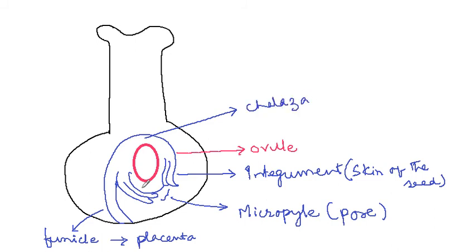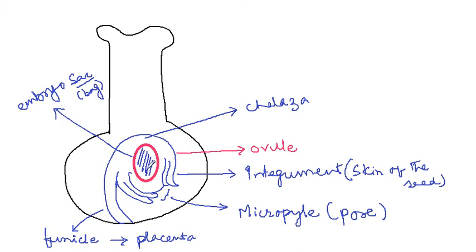And inside the ovule we have got a sac, a pouch or a bag we can say, where the embryonic development will occur. That sac we call as embryo sac. Sac means the bag, where the embryonic development will occur.